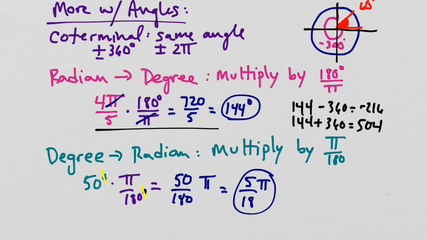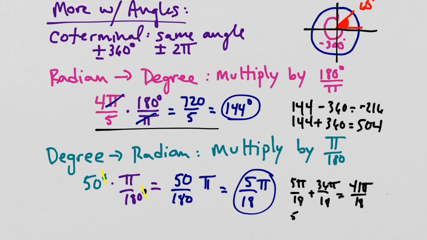Again, if we wanted a coterminal angle, we would take our 5 pi over 18 and add 2 pi. But we want a denominator of 18, so you double 18, you're really adding 36 pi over 18. When we add fractions, it becomes 41 pi over 18.